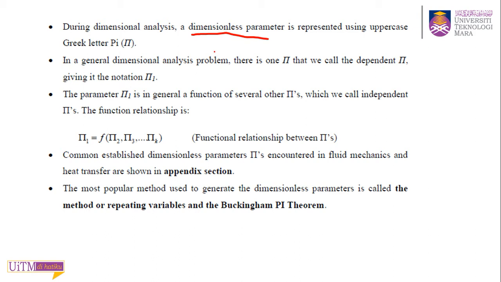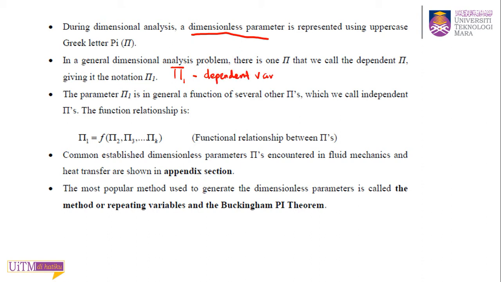Okay, in a general dimensional analysis problem, there is one pi that we will call the dependent pi, and we give it the notation pi 1. So pi 1 is the dependent variable.